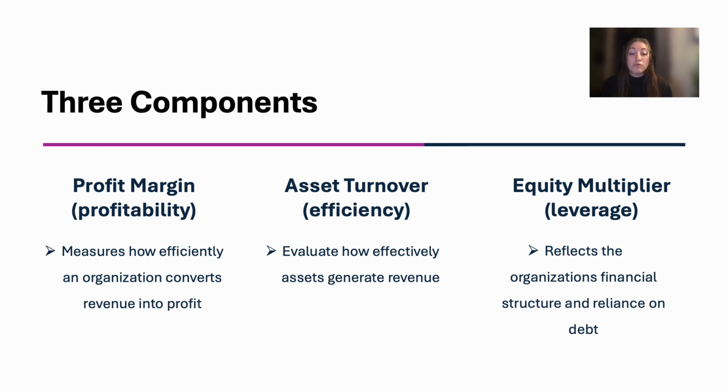So a higher ratio of the asset turnover would mean there's better asset utilization within the organization. And then your equity multiplier reflects the organization's financial structure and reliance on debt. So a higher value of your equity multiplier would also mean there's a greater financial leverage or potential risk within the organization.